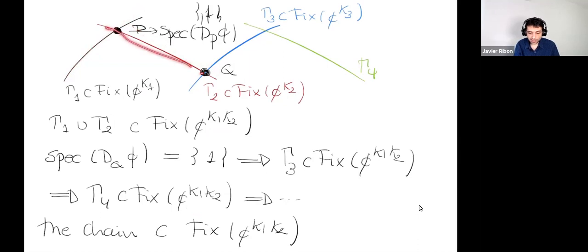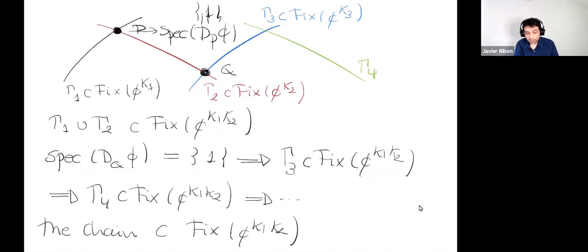So when we get to this point, since the spectrum is constant along this line, it's going to be a singleton whose unique element is 1 also at this point. This is what is written in here. And now this blue curve over here is not necessarily an invariant curve of this local biholomorphism, but it is a curve that is invariant by some iterate.